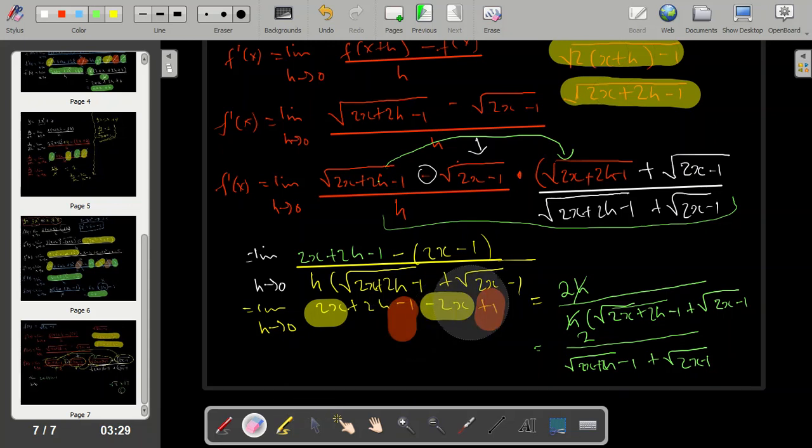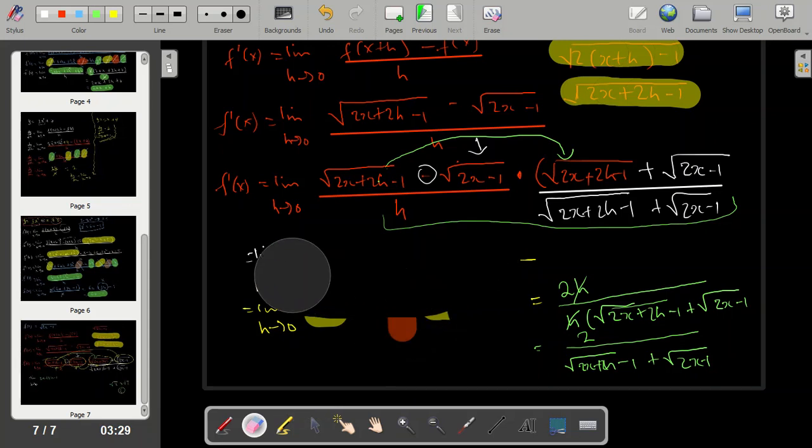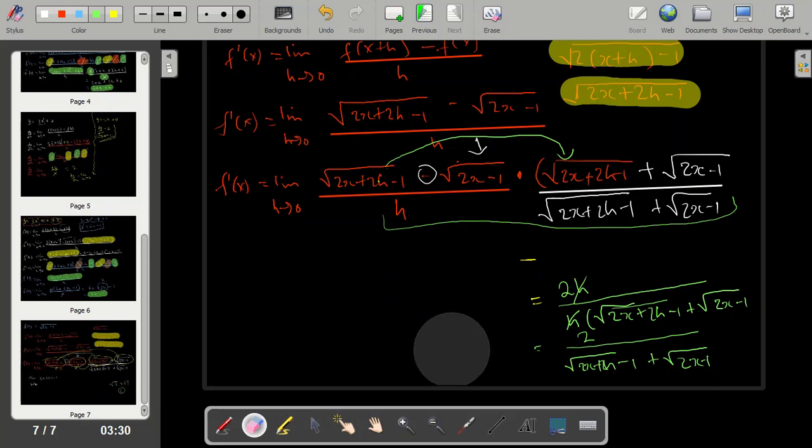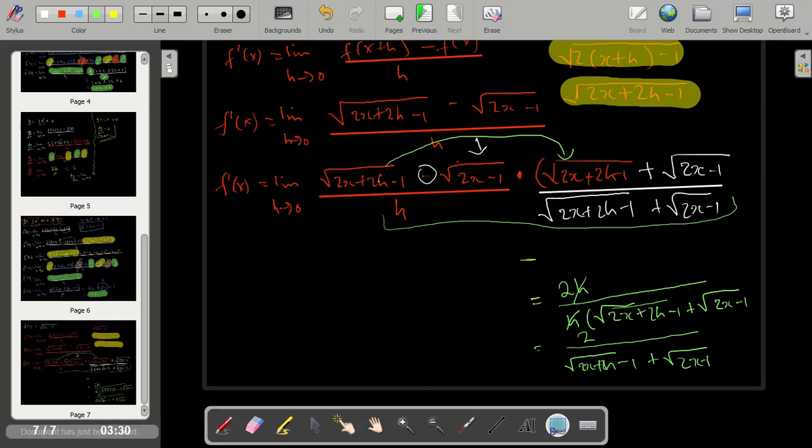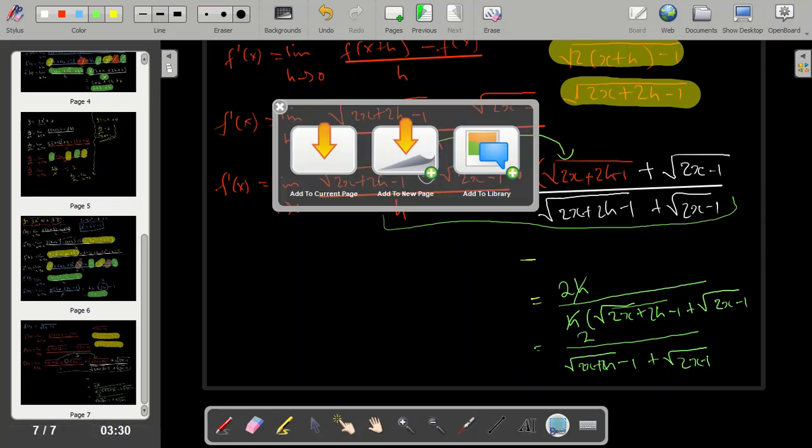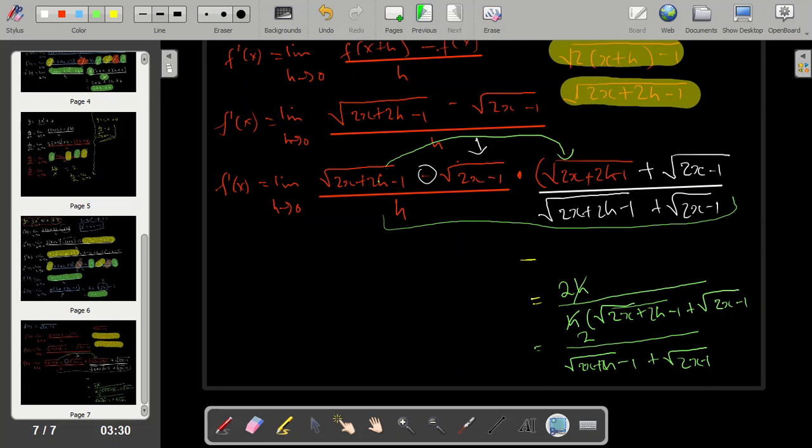Create some space. Okay, so we can work with that now.